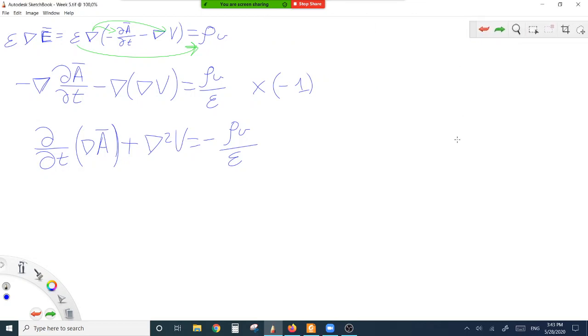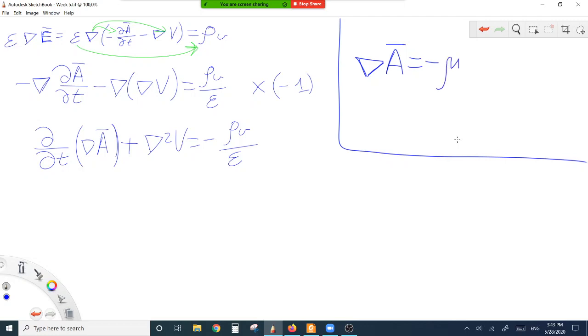Now here we apply the Lorentz condition. I will write here the Lorentz condition: divergence of A equal to minus mu epsilon dV over dt.